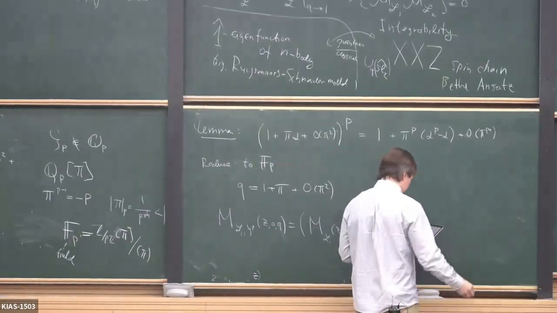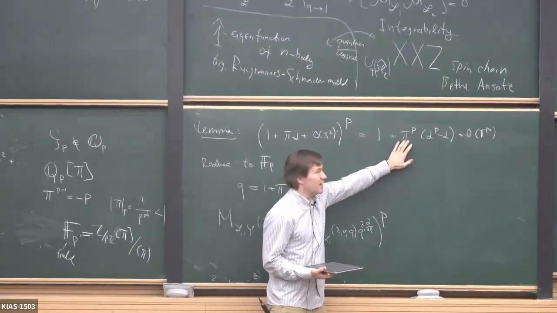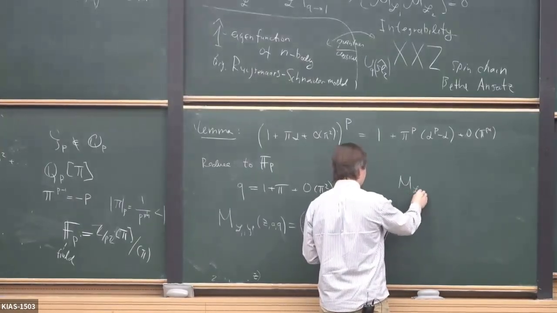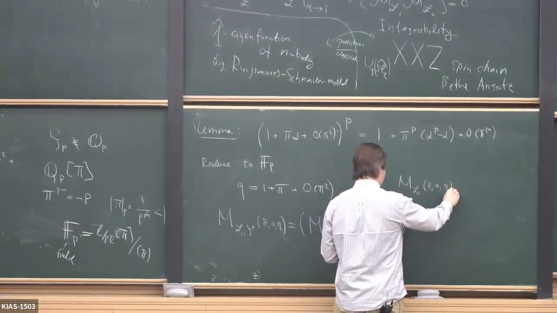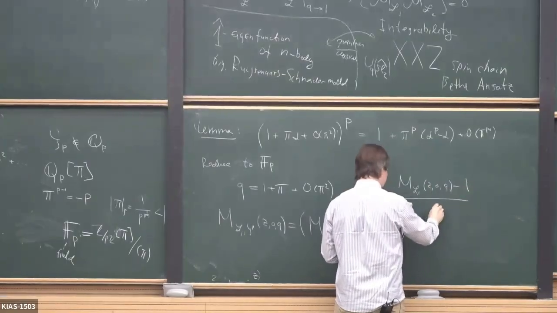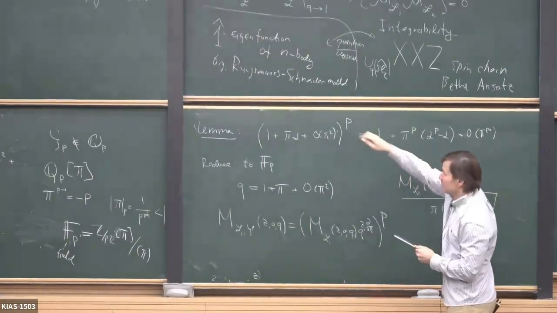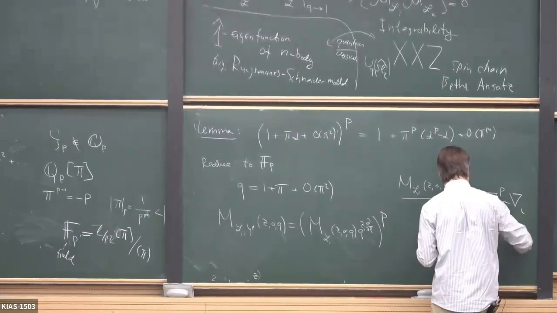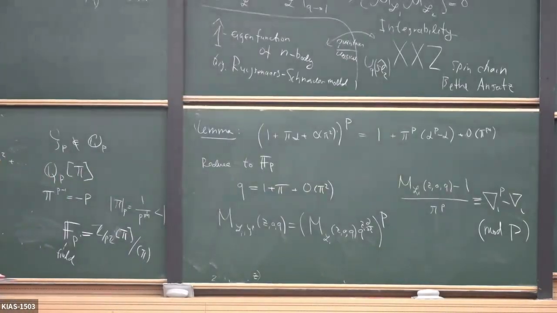Then using this lemma, I'll have contributions that are proportional to pi to the p. And if you do the calculation carefully, the following thing will happen. So that M_l of z, a, q minus 1 over pi to the p is congruent to that logarithmic connection over there to the p minus nabla_i. And this is the Grothendieck-Katz p-curvature.